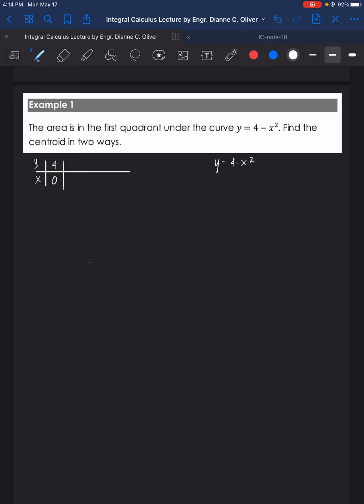If x is equal to positive or negative 1, the value of y is 3. If x is equal to positive or negative 2, the value for y becomes 0. Okay, so let's sketch that.